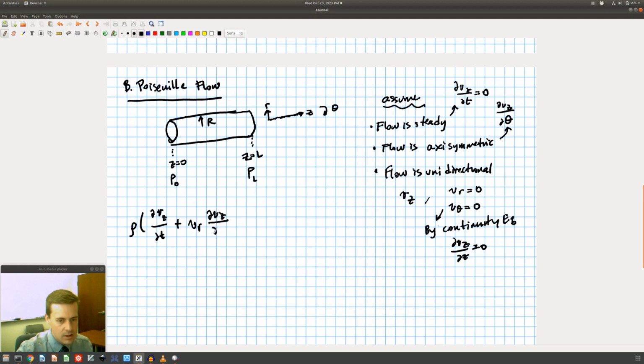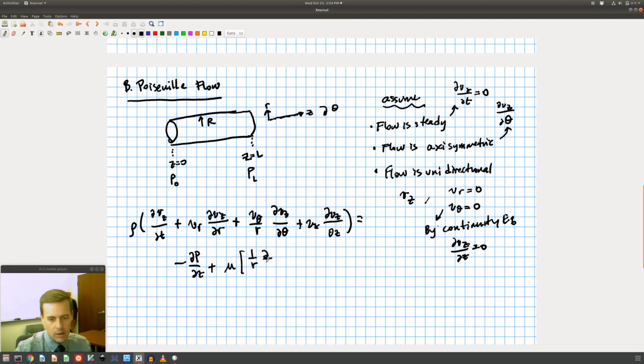Vr dVz dr plus V theta over r dVz d theta plus Vz dVz dz equals minus dP dz plus mu times 1 over r, d dr of r dVz dr, plus 1 over r squared d squared Vz d theta squared.